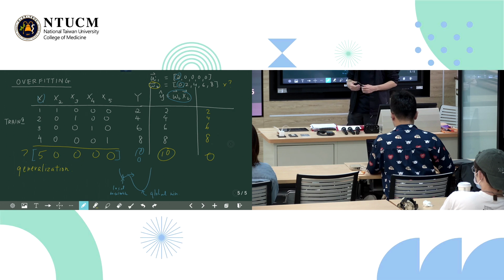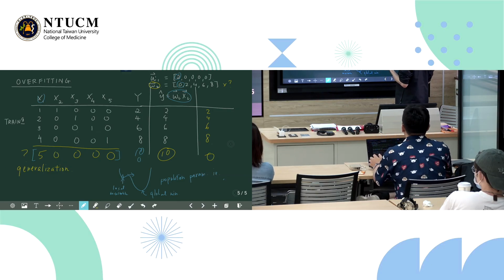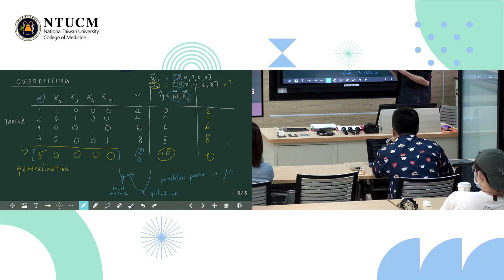And in statistics, the label is the population parameter, i.e. something like mu, which is the truth. It is the mean of all data points, including aliens and people you didn't sample.